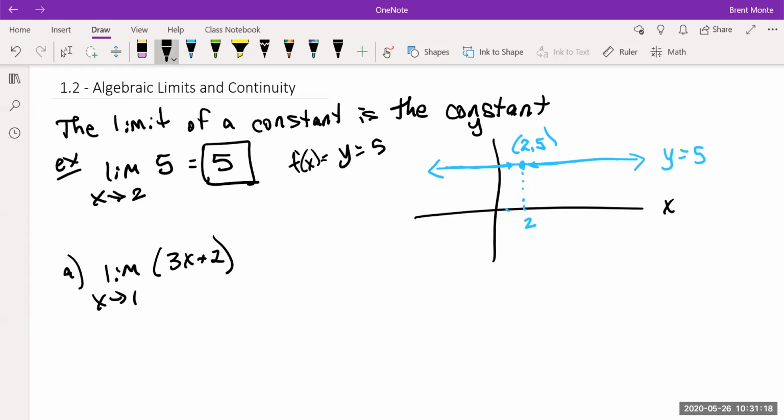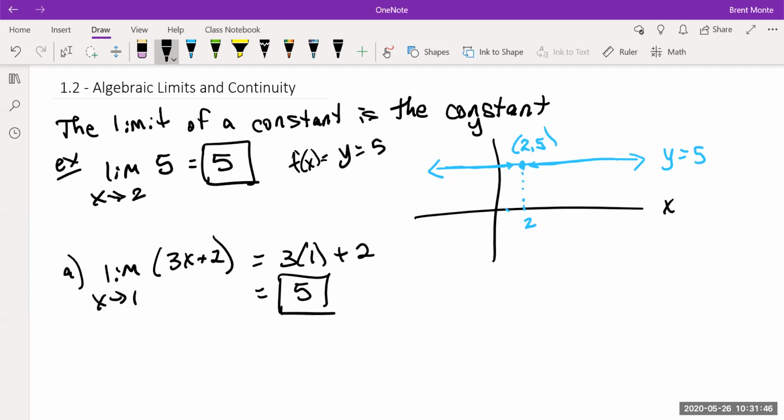All we do is plug in the x value into the function. If it gives you a real number, that's the limit. So I just plug that x in and I say, oh, that's 3 times 1 plus 2, which is just 3 plus 2, it's 5. Yeah, that's actually the limit.